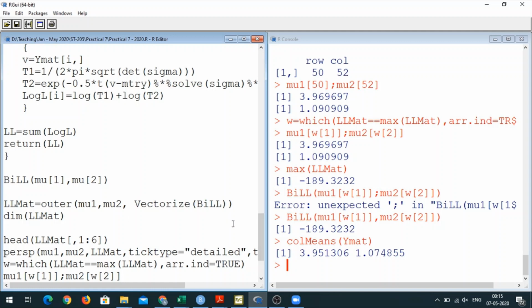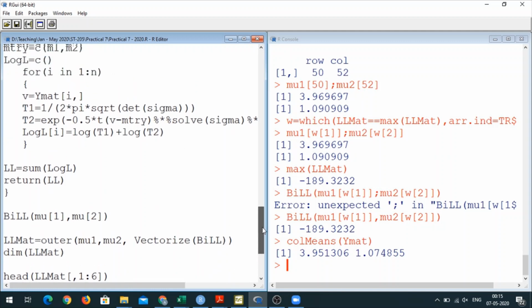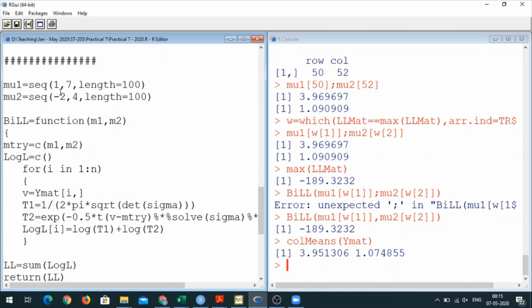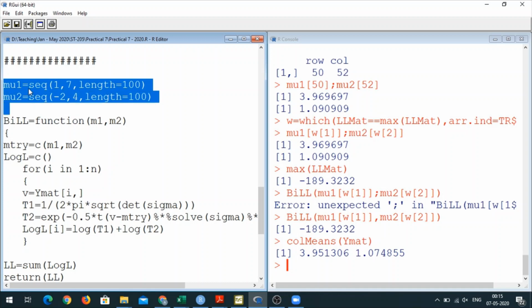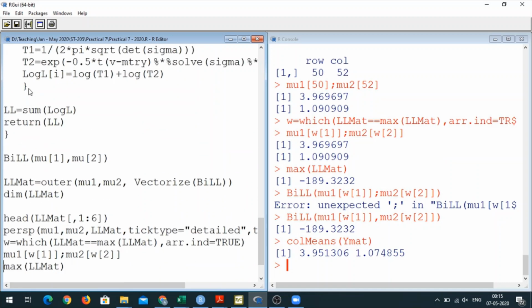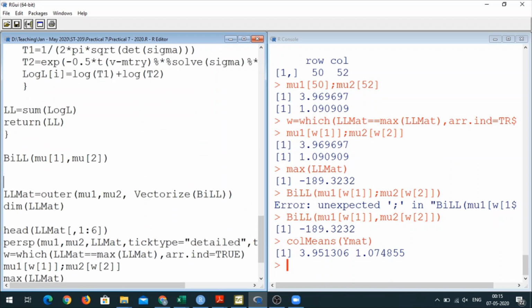Another way is, we have quite a wide range for mu1 and mu2. Now that we know that the values are near 3.96 and 1.09, we can maybe consider a smaller range. So that can also give me a more accurate estimate. So let me try here.